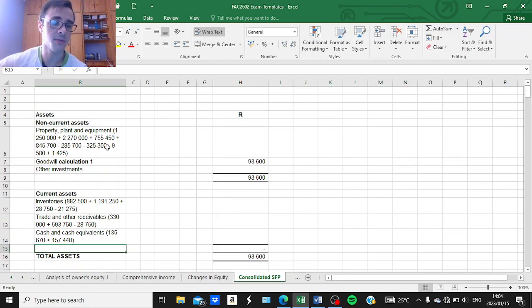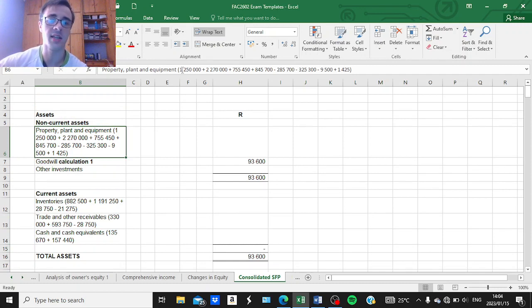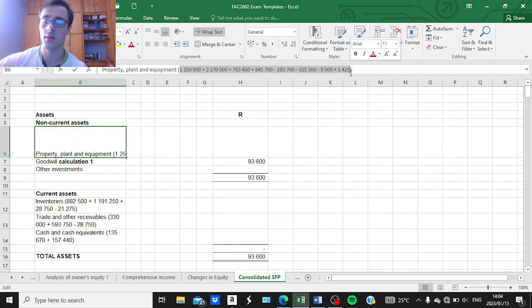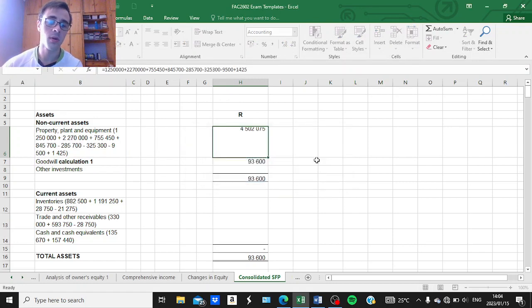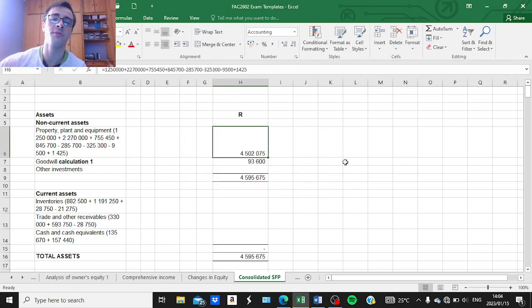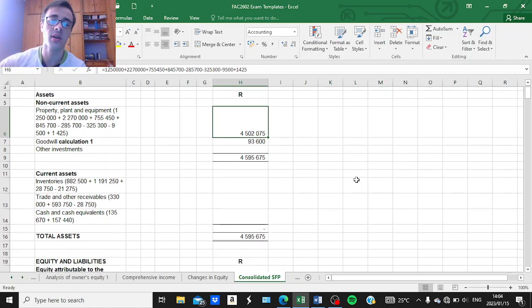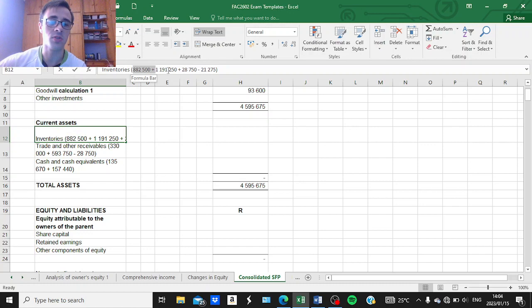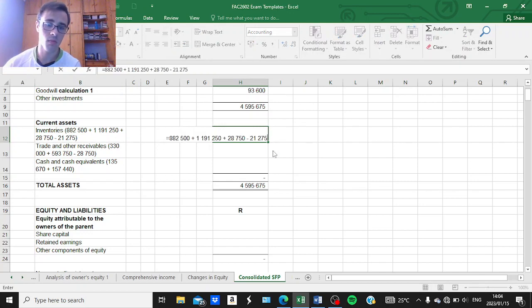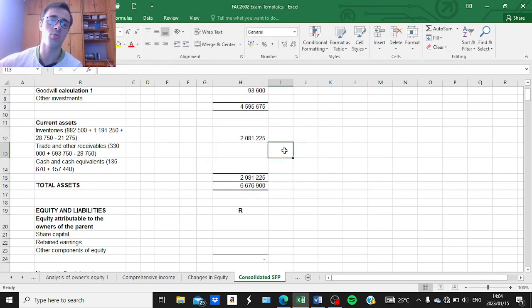And finally, let's finish the consolidated statement of financial position. So property, plant and equipment for the group should be 4,502,075 Rand. Then we need to go to inventories, 2,081,225.